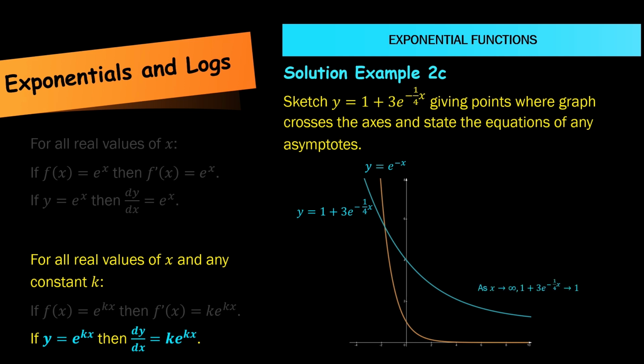So as x tends to infinity, 1 plus 3e to the minus 1 over 4x tends to 1. And that occurs because, of course, 3 times e to the minus 1 over 4x is tending to 0. The line x equals 1 is an asymptote, and of course the asymptote has shifted up by 1.